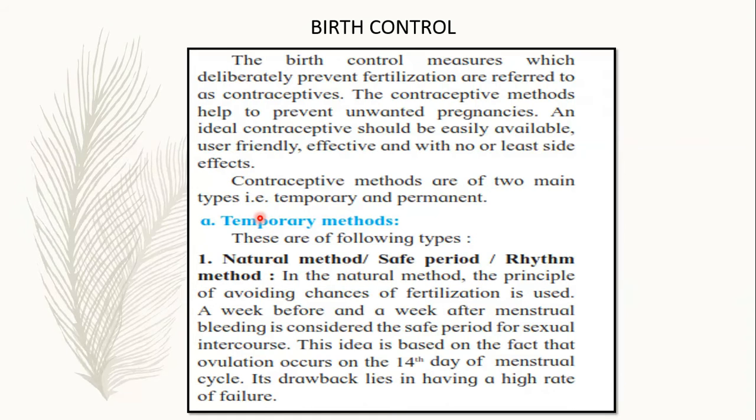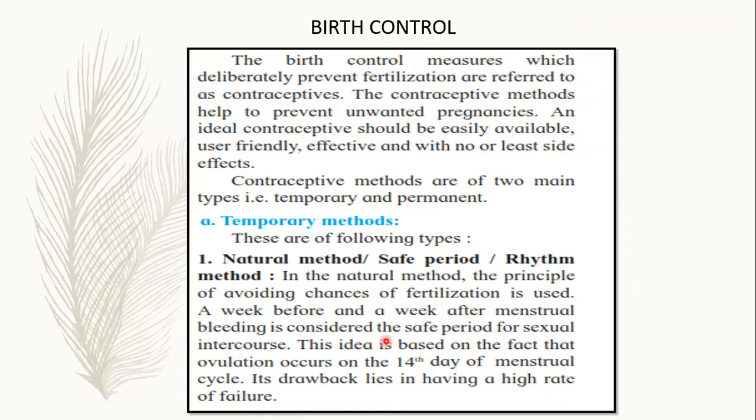In this module, we are only going to study the temporary methods. They are of the following types: natural method, also called safe period or rhythm method. In the natural method, the principle of avoiding chances of fertilization is used. It means counting the day 14, one week before and one week after.